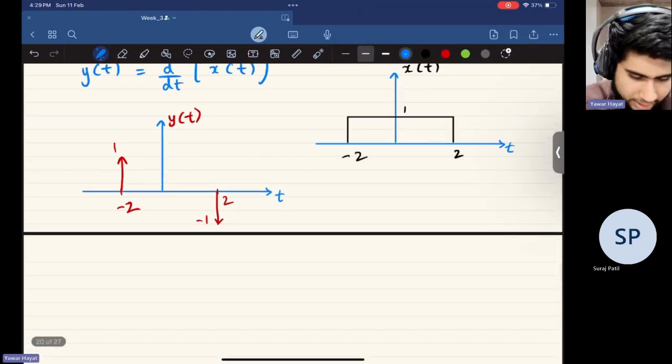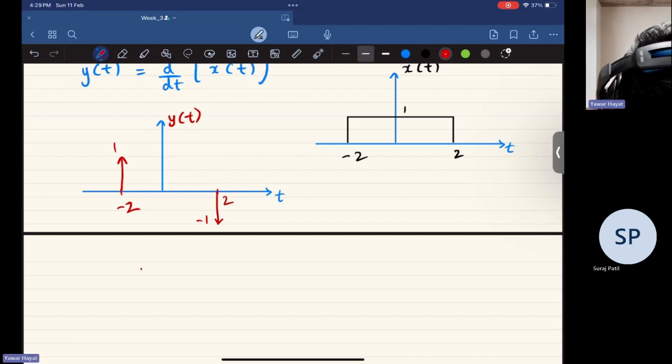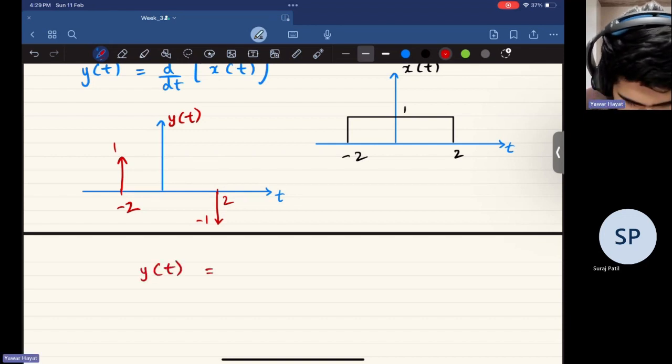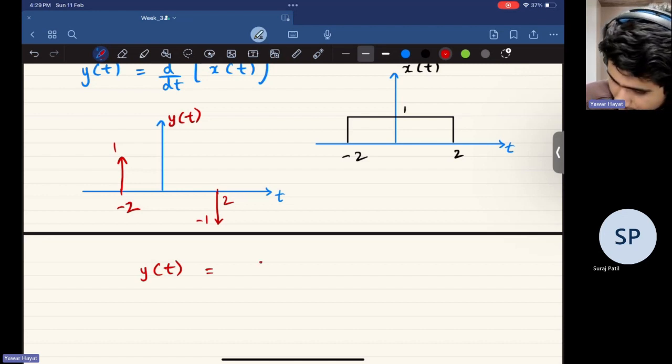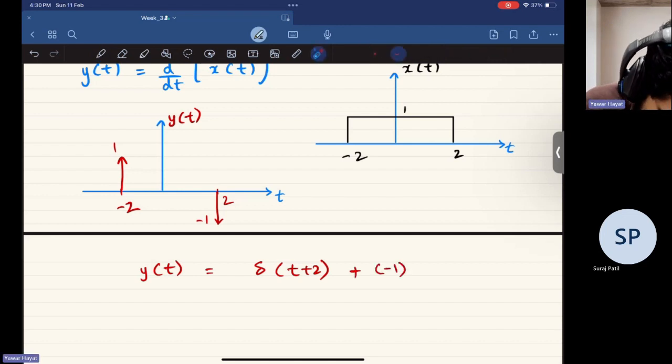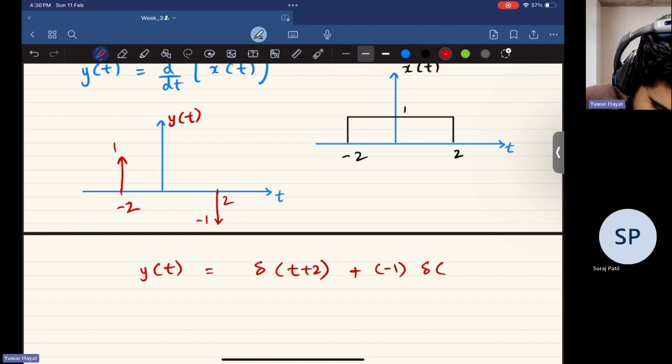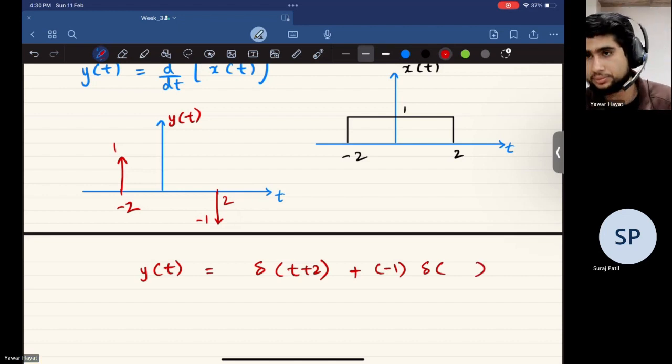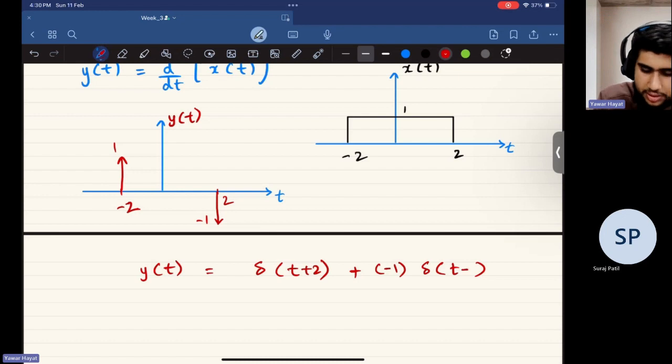So then what we can write is the mathematical form of y of t. It is a delta function at t equal to minus 2, so that is delta of t plus 2. Similarly, the magnitude of the delta function is minus 1 at the other point, times delta of t minus 2.